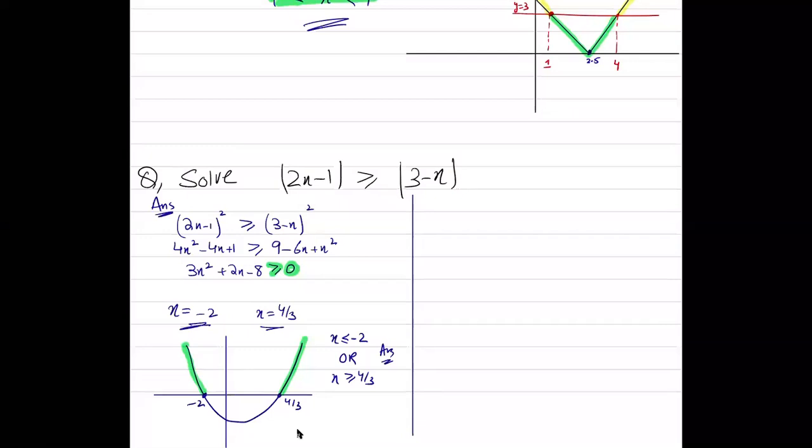Yeah, so I did it on my paper. Okay, so let us compare our answers.